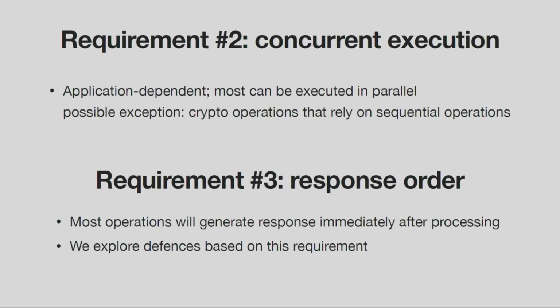For instance, certain crypto operations, as you have in SSL and TLS, rely on sequential operations, and then with the current techniques, it's not possible to use the multiplexing. So it's a bit more tricky to execute the attack.